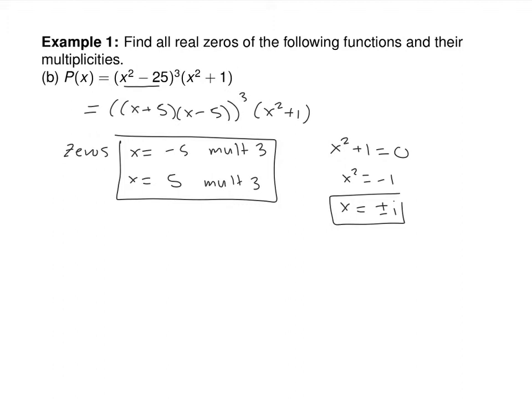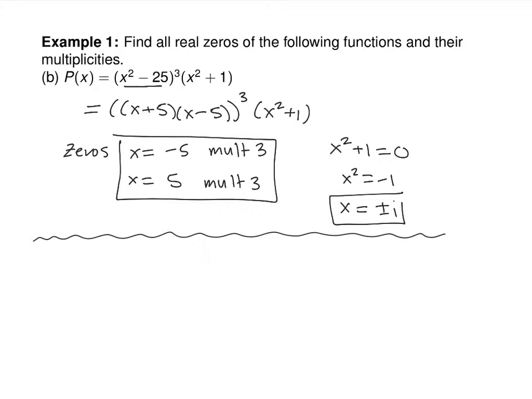All right. Do you see a pattern there between the zeros and the factors? This is what the next question is going to ask. For example, if I said that x equals 2 is a zero, what's going to be your factor? x minus 2.